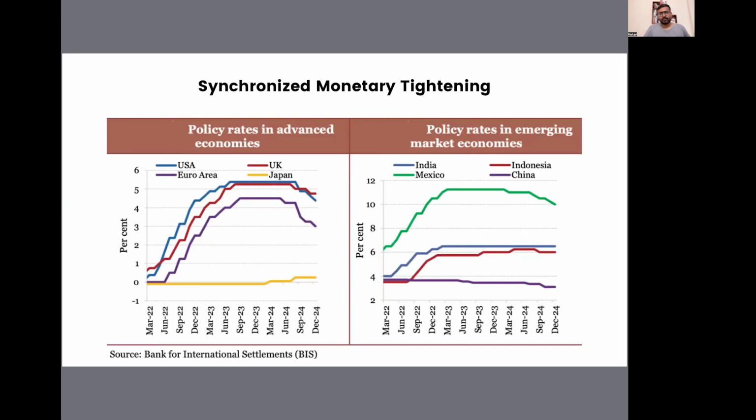Okay. Now, another major reason I want to talk about is the synchronized monetary tightening that was witnessed across different major economies. So here you see that just after the COVID-19 pandemic, there was very high inflation, particularly in the developed economies of Europe and the United States. And because of that, the central banks of these countries increased the interest rates a lot.